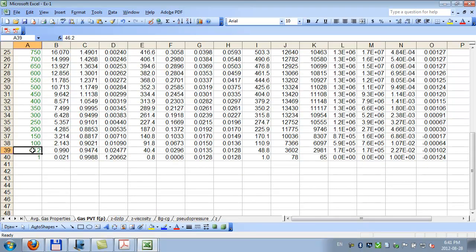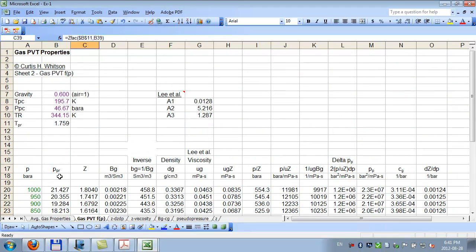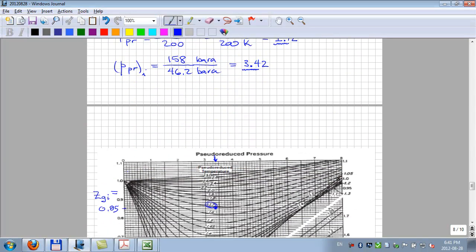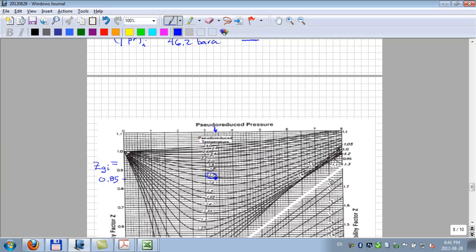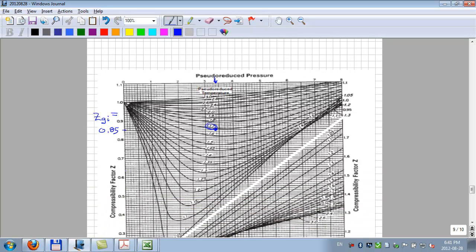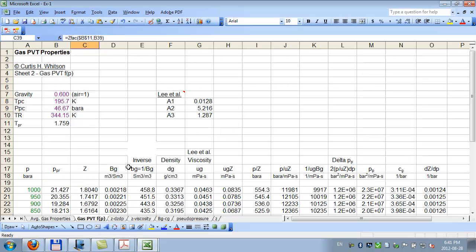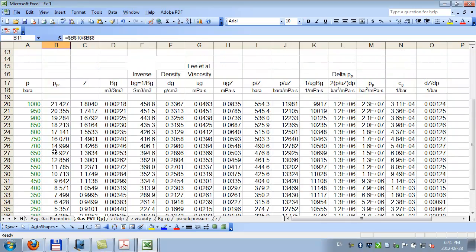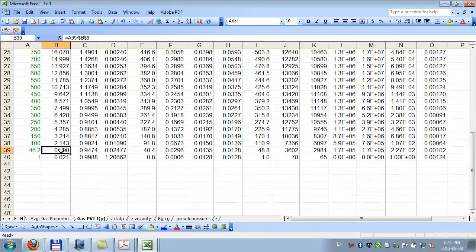It's getting 0.95, which is not what we want to see. Well, let's see here. It's got 1.7. That's pretty close. See, this one's not calculating right.